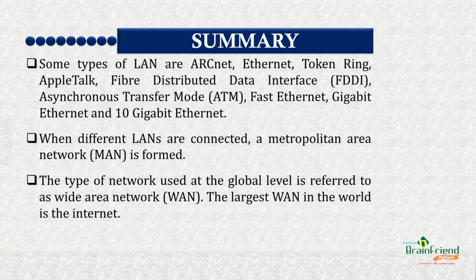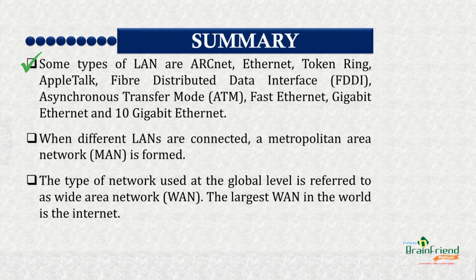Going on, we learned that some types of LAN are ARCnet, Ethernet, token ring, AppleTalk, fiber distributed data interface, asynchronous transfer mode, fast Ethernet, gigabit Ethernet, and 10 gigabit Ethernet.